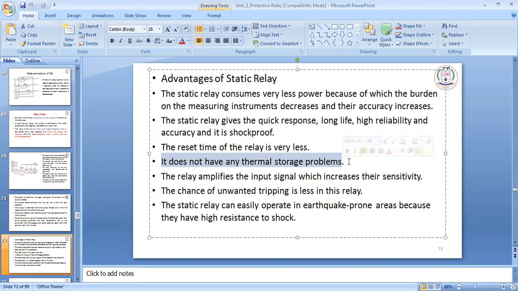So you may have to keep that relay with a cooling arrangement in some cases. So the thermal storage problem will be there with the electromagnetic relay, but in the static relay, generally it won't face thermal storage issues.